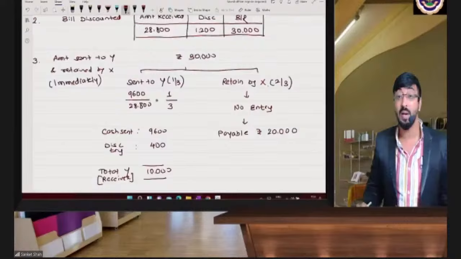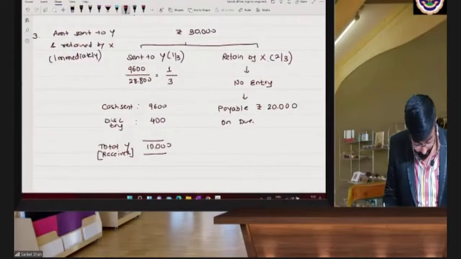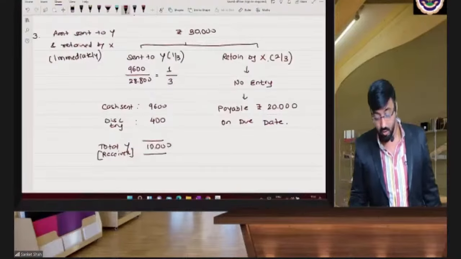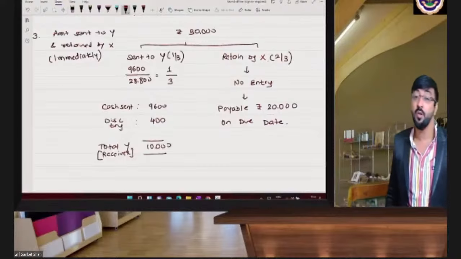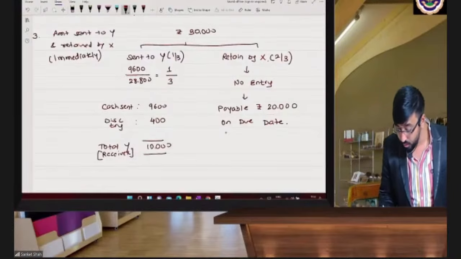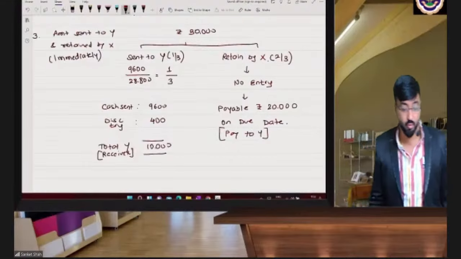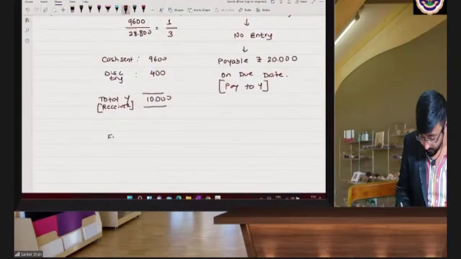Payable rupees 20,000, on the due date. When to pay? On the due date, pay to Y. Future action, what happened?